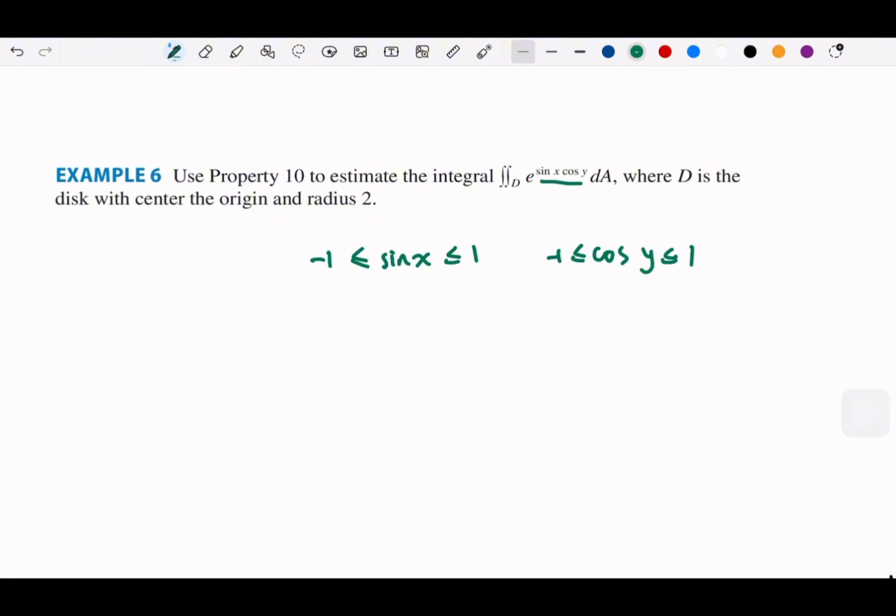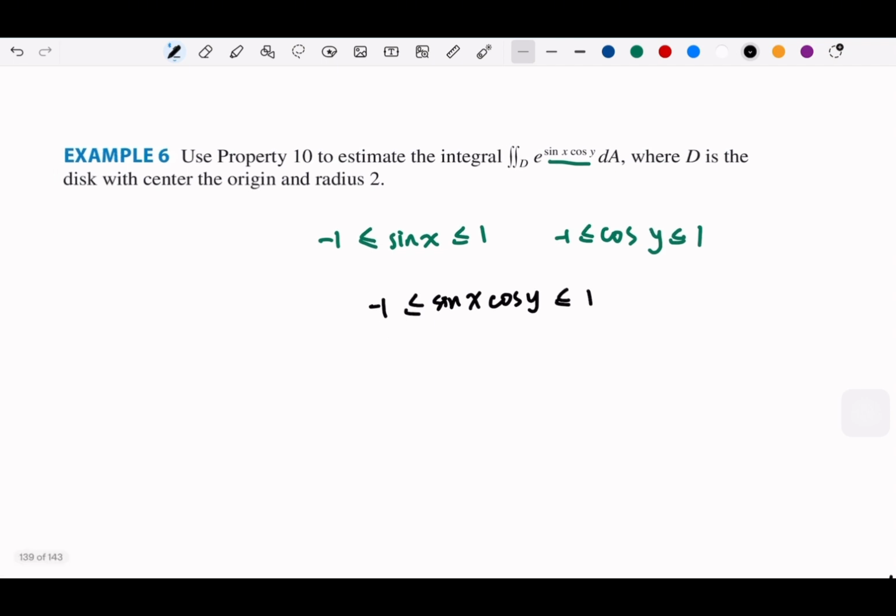When we multiply these two, there will be some combination between them, so the minimum should be -1 and the maximum should be 1, with some combination of x and y, and we have e as our main function.